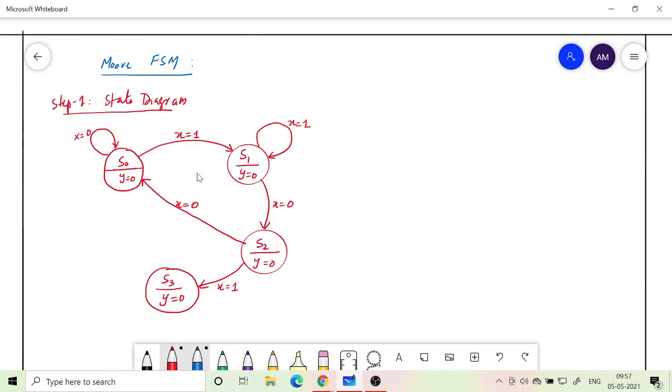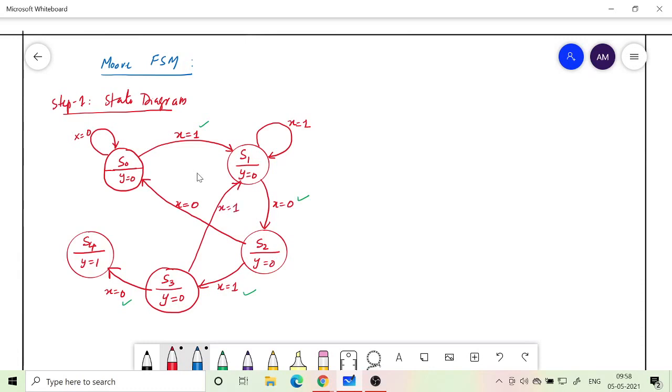To detect the sequence, I need one more state where y becomes 1, and that happens if a 0 follows. You can see the sequence clearly here: first bit 1, 0, second bit, third bit, fourth bit. So 1 0 1 0 is our sequence, and we reached S4. And when I am at S3, after detecting 1 0 1, if I get one more 1, I should go back to this state.